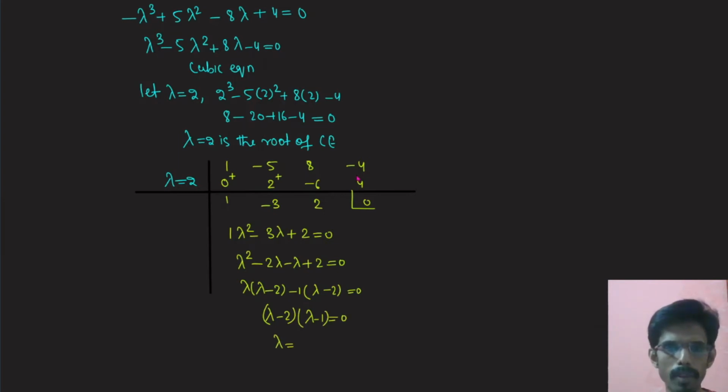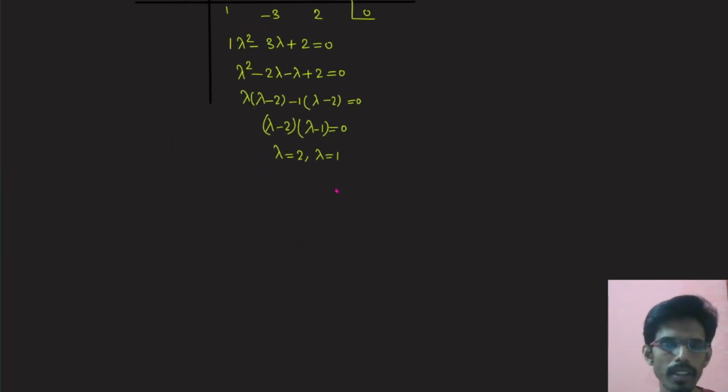So the value of lambda will be 2, 1. Hence we got eigenvalues as 2, 2, 1. Here we have repeated eigenvalue 2. These are the eigenvalues. Now we want the eigenvectors.